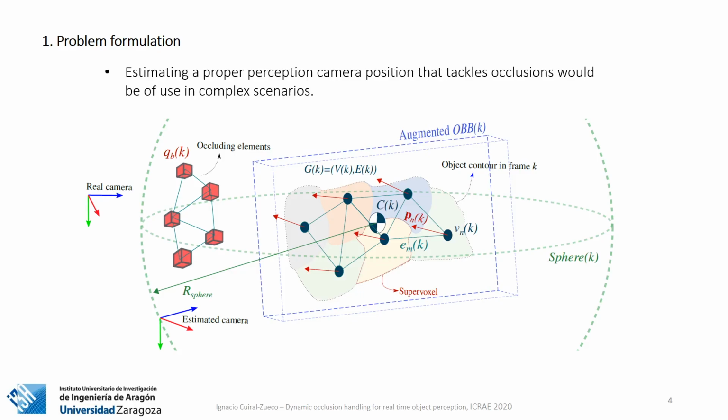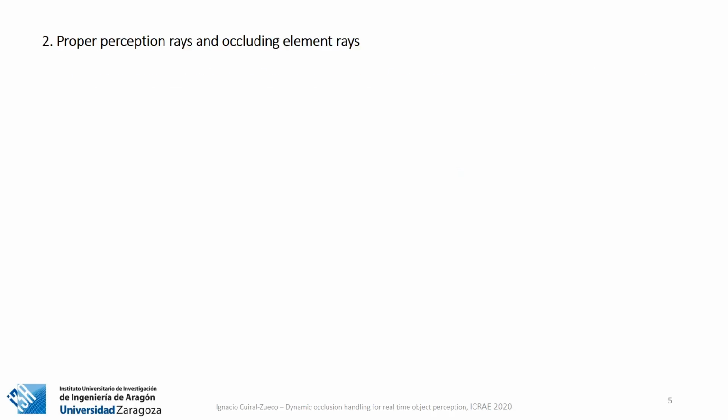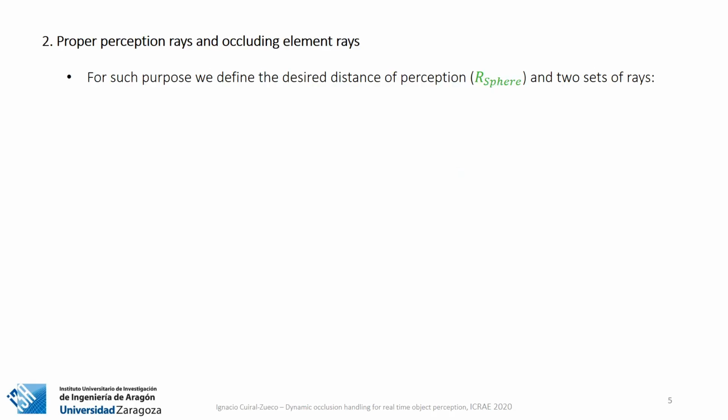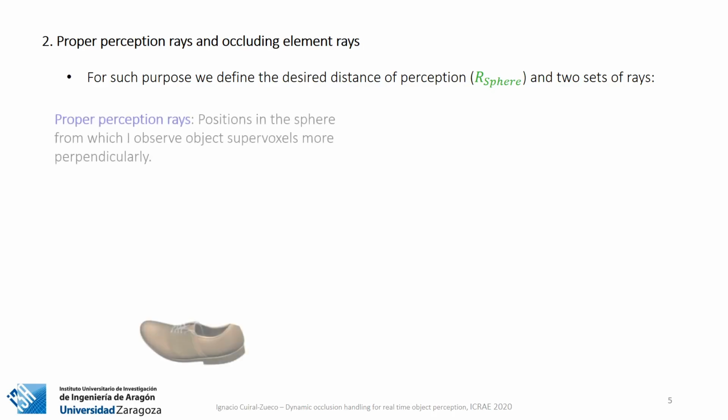This estimated camera, I want it to be at a certain distance from the object as I'm performing tasks on it, so I also need a space around the object that allows me to perform these tasks. This sphere is defined by an R sphere, and within this sphere I will define two sets of rays that will help me solving this problem.